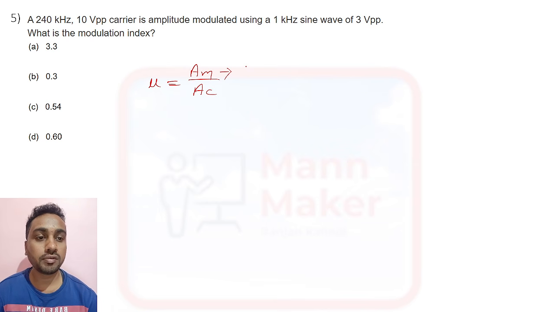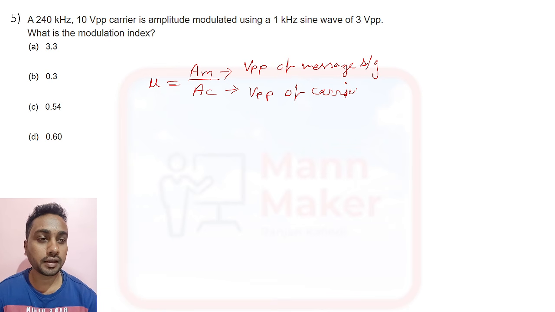AM is the peak to peak voltage of the message signal, and AC is the peak to peak voltage of the carrier signal. Here we have a 10 VPP carrier signal.